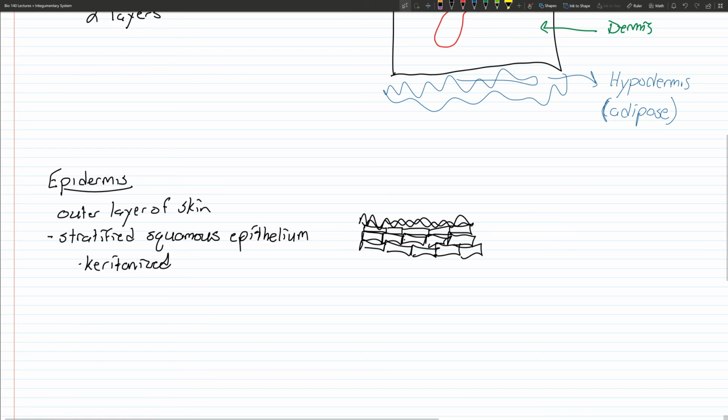Now the epidermis has several different types of layers.